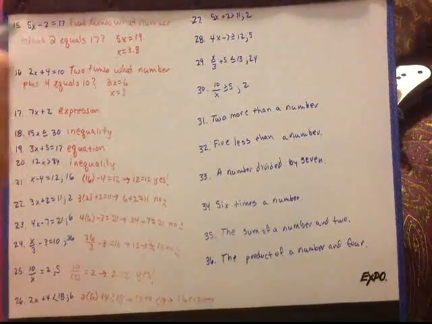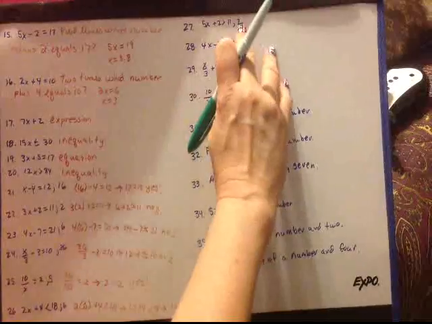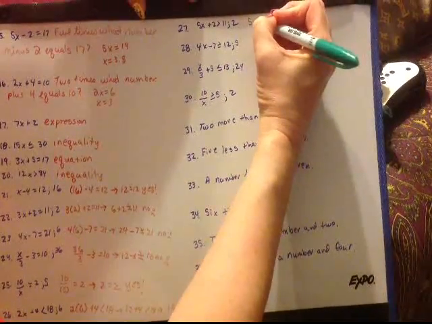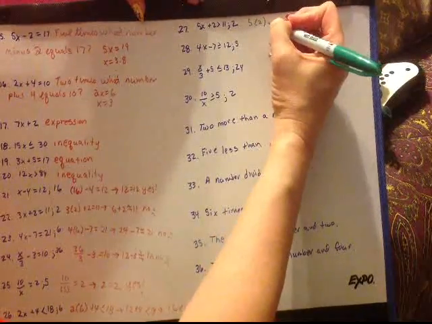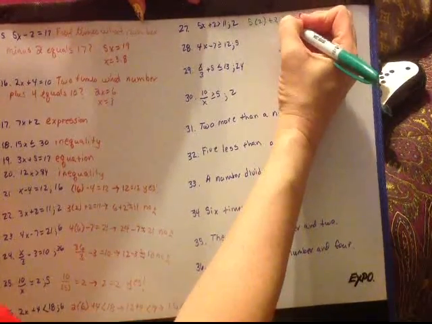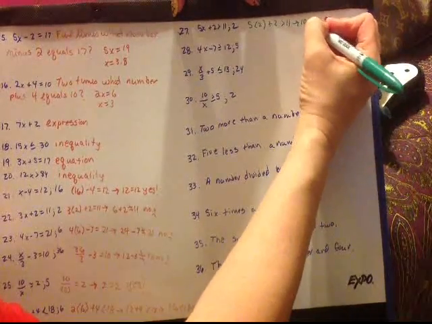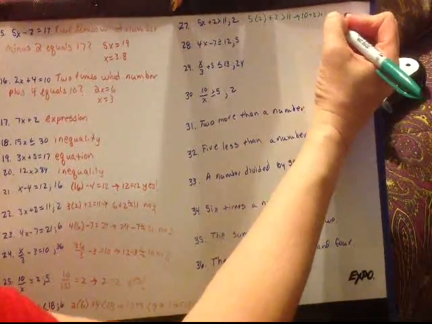All right, number 27. The number we're going to substitute in is 2. 5 times 2 plus 2 is greater than 11. 5 times 2 is 10 plus 2 is greater than 11.